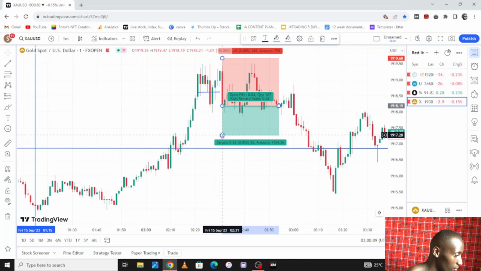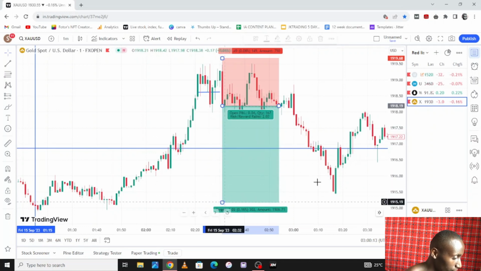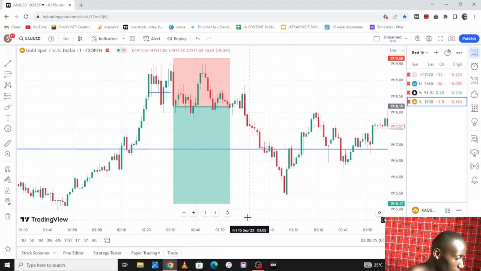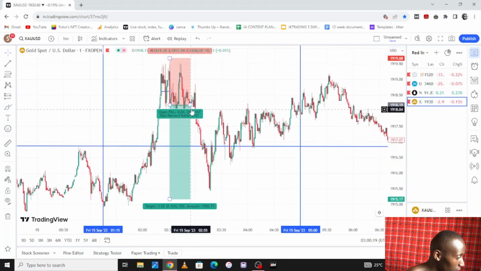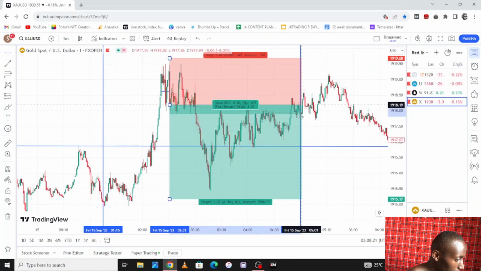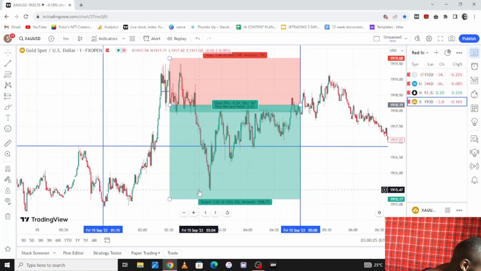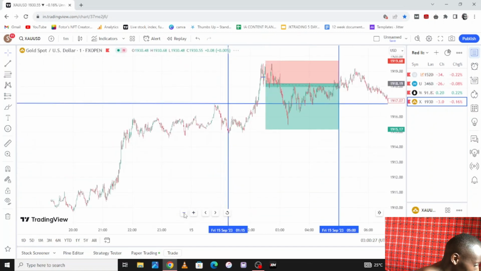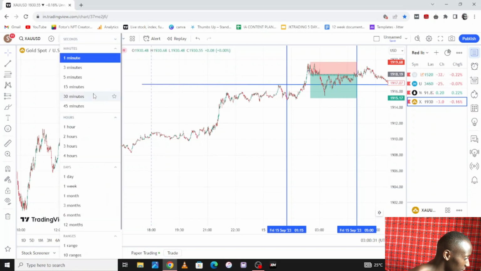And then a risk reward ratio of 1:2. So around 30 pips. And yeah, so price didn't reach the 30 pip mark, but that is how the setup looks like. We'll move on to the next example.